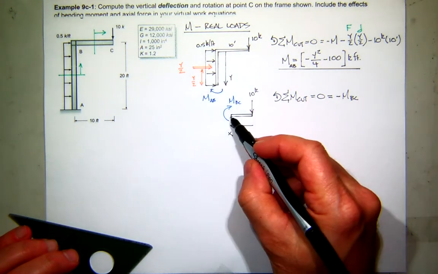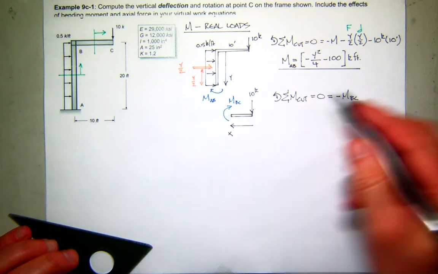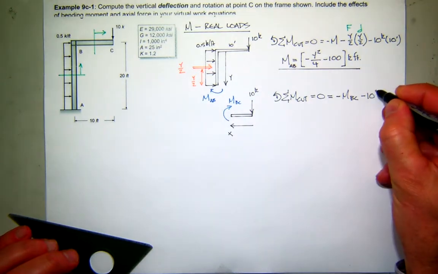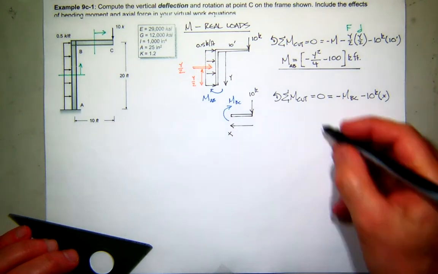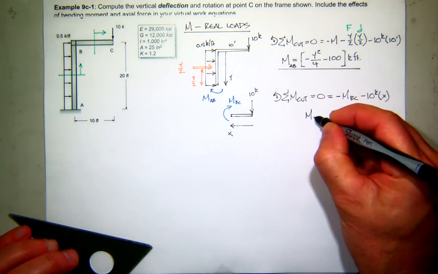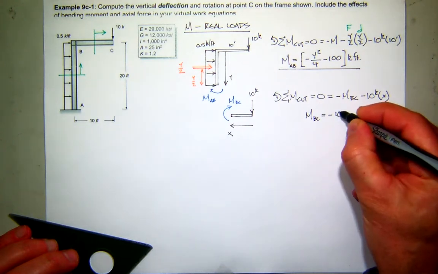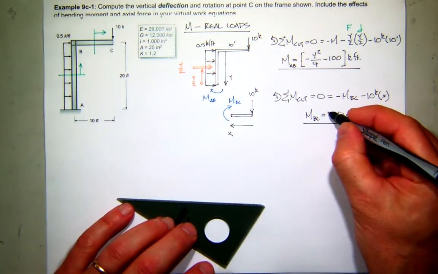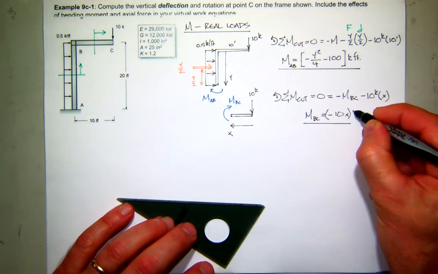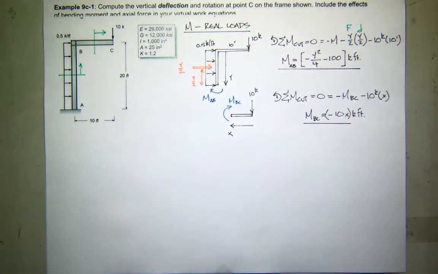And then about the cut surface, the moment caused by the 10 kip force, which also is negative, and its moment arm is x. So it looks like the moment in section BC is minus 10x. And again, that would have the units of kip feet. So there, I got my real moments.